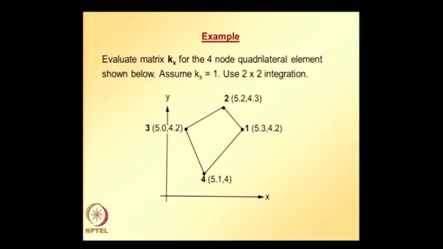Nodal coordinates of all nodes are indicated in the figure, so we can put the x coordinates of all nodes in one vector and the y coordinates of all nodes in another vector. Nodal coordinates can be written in this manner.